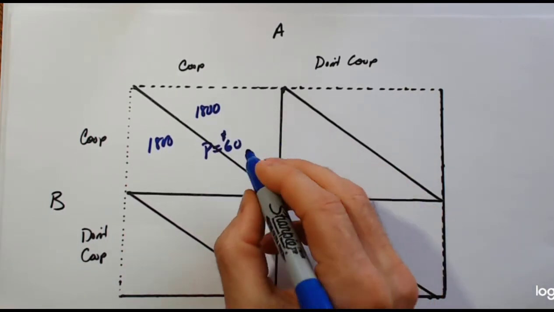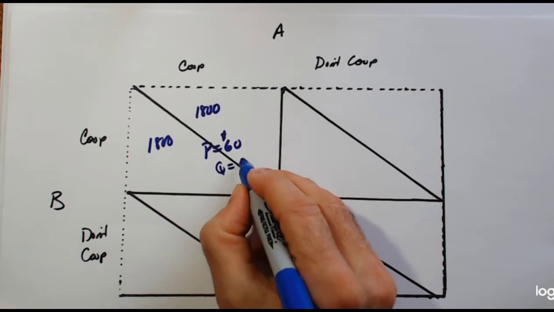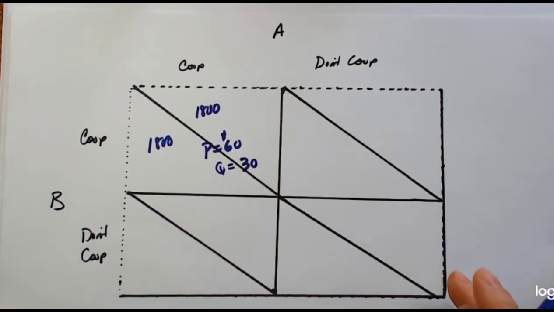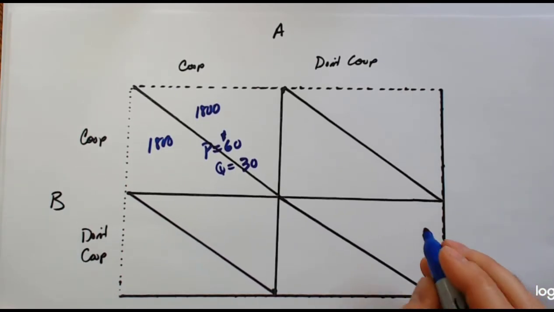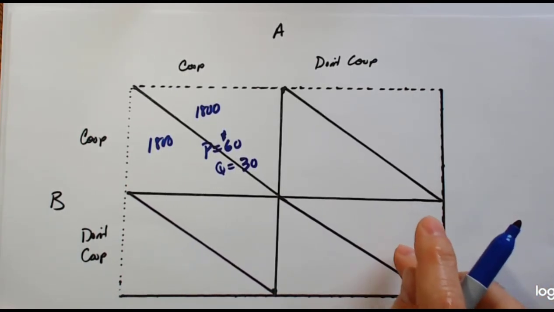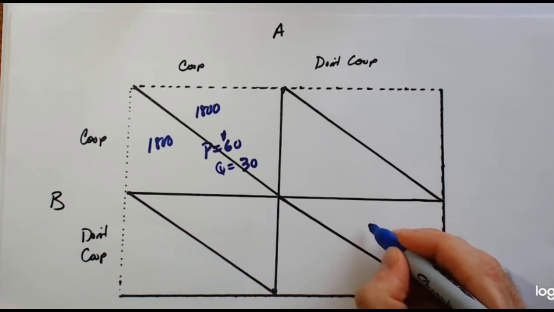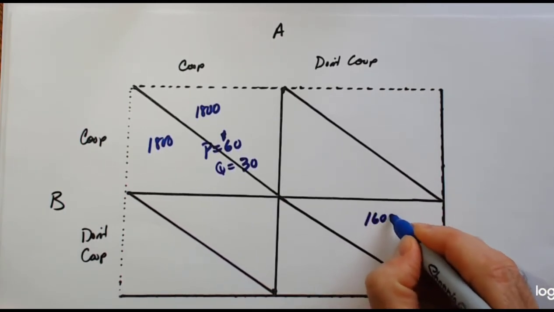Price was $60 and quantity was 30 units each. And then we said, what if they both cheated? If they both cheated, they moved down the table towards perfect competition, and they get $1,600.